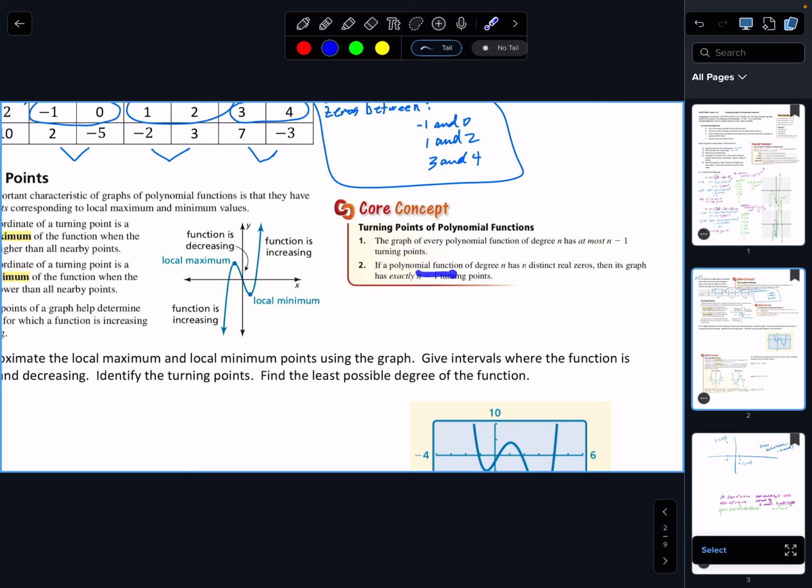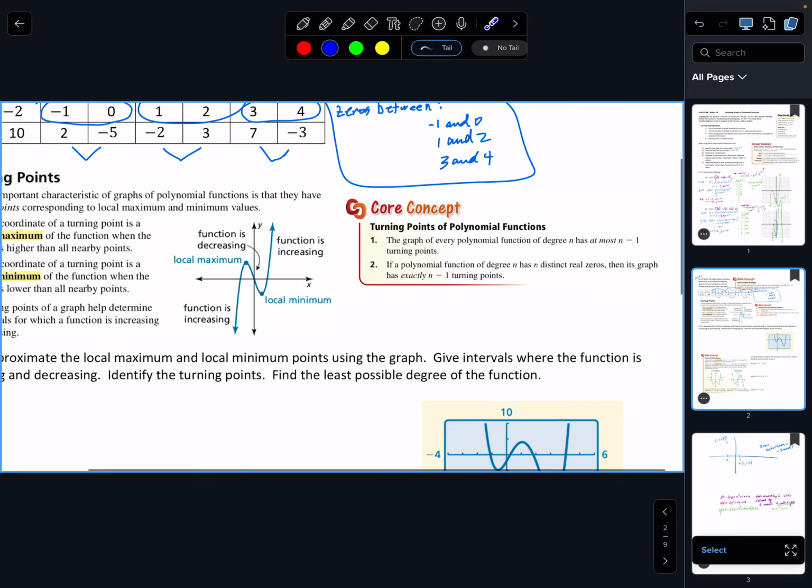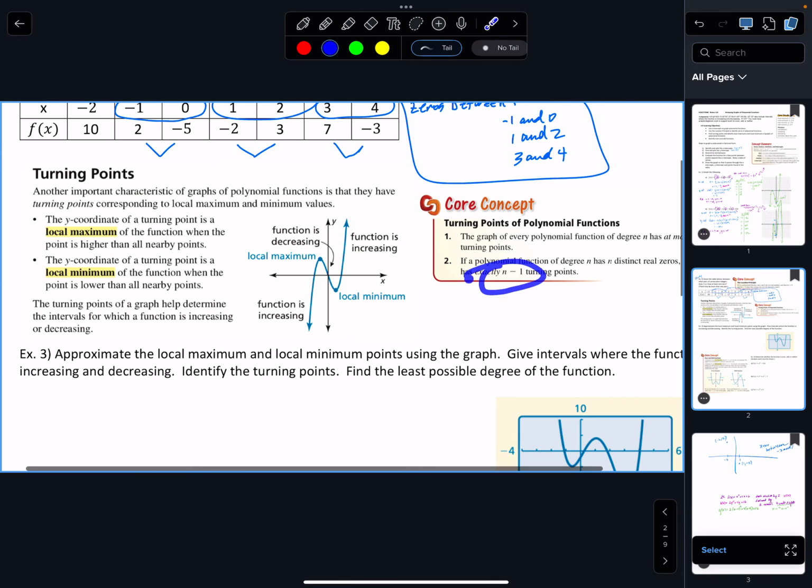On the other hand, if you have a polynomial function of degree n and it has n distinct real roots, so say that you have a polynomial of degree 5 and it actually has 5 zeros, distinct, not repeated, then its graph has exactly, you're guaranteed 4.